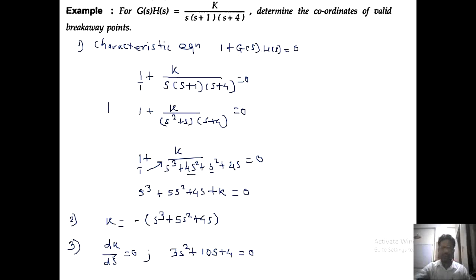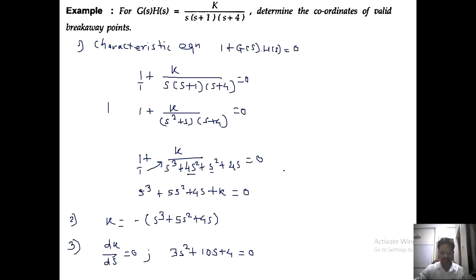First of all, we constructed the characteristic equation, which gave s cube plus 5s square plus 4s plus k equal to 0. Then we differentiated the equation and got 3s square plus 10s plus 4 equal to 0, and we just calculate the roots of this equation on a calculator.